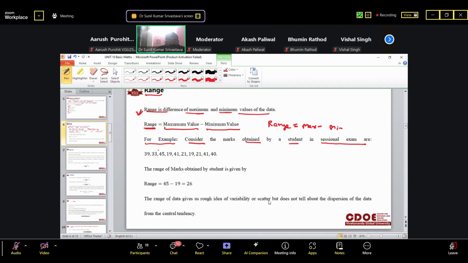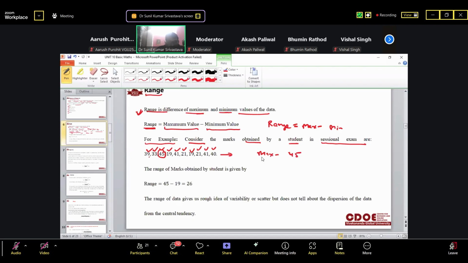We obtain the marks 39, 33, 45, 19, 41, 21, 19, 21, 41, and 40. If you see this data clearly, the highest marks obtained by the student is 45. This maximum marks is 45.